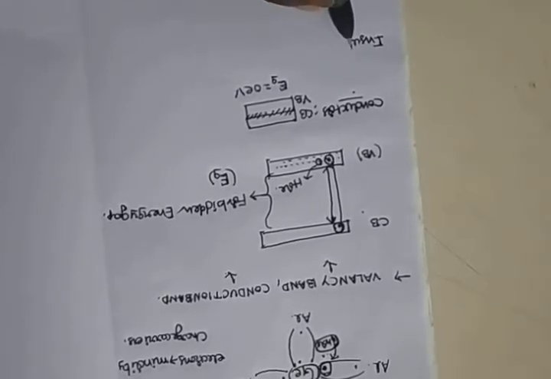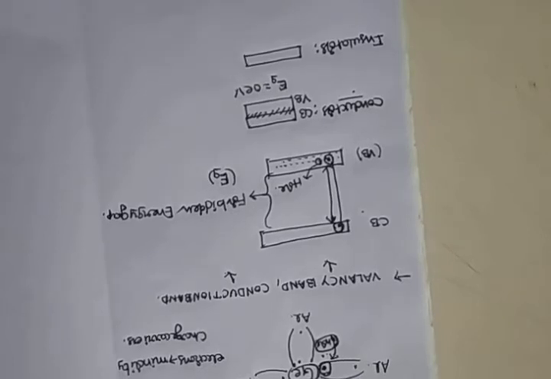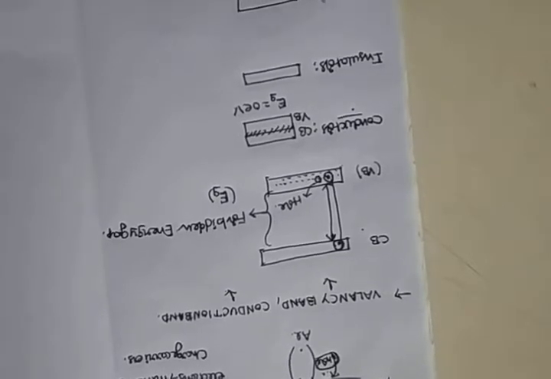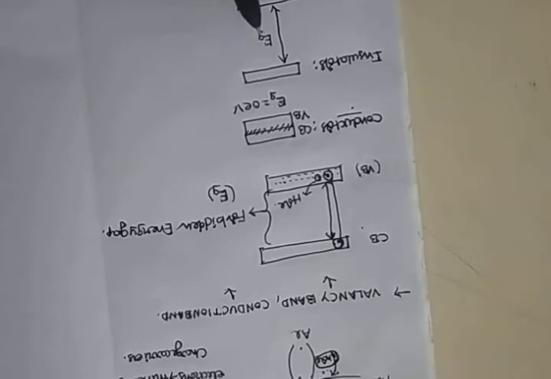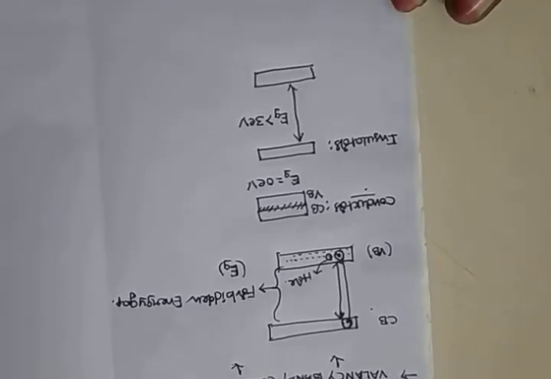In the case of insulators, there exists a forbidden energy gap of more than 3 eV.